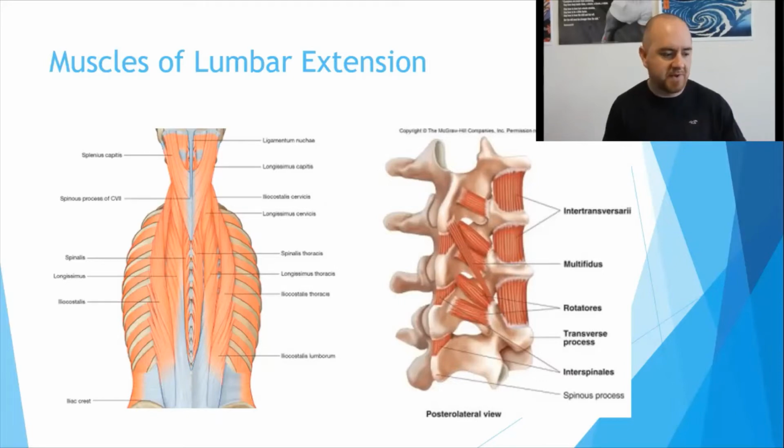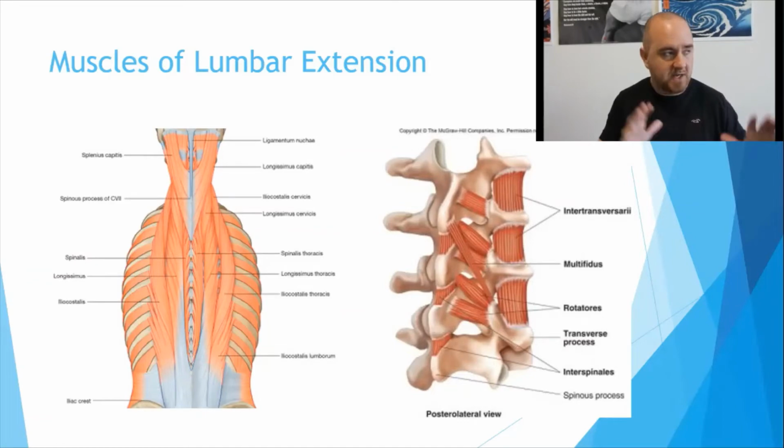Now you do have the deeper paravertebral or intervertebral muscles: the intertransversae, interspinalis, multifidus, and rotatores. They are going to generate extension to some degree, but for the most part, what we're looking at really is trunk extension, which will then include lumbar extension.